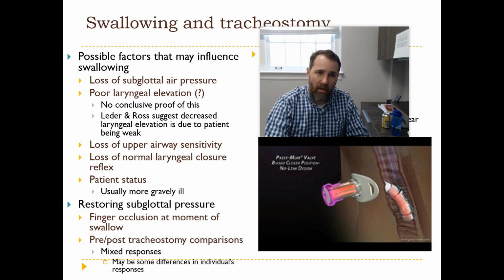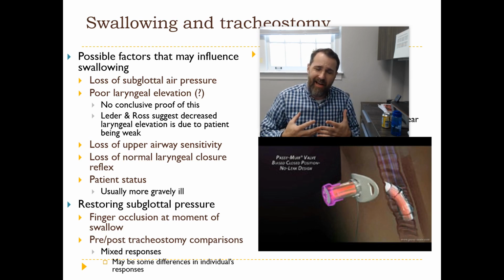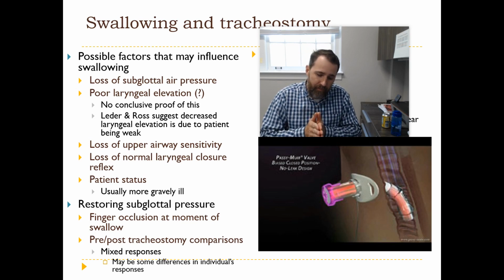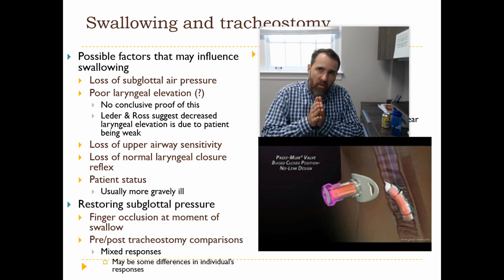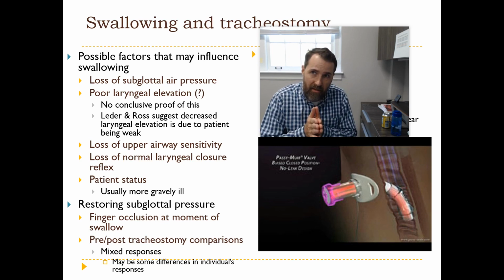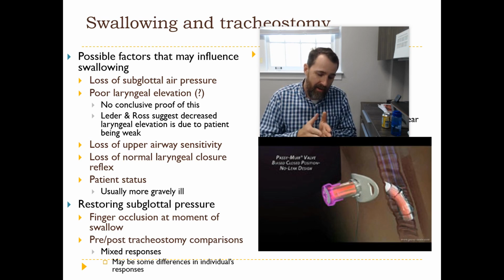So during a normal swallow, your vocal folds come together and you have a certain amount of air in your lungs that you're holding there beneath the vocal folds, and this creates a certain degree of positive subglottal air pressure. And having that normal level of positive subglottal air pressure during the pharyngeal swallow facilitates the movement of the bolus through the pharynx.